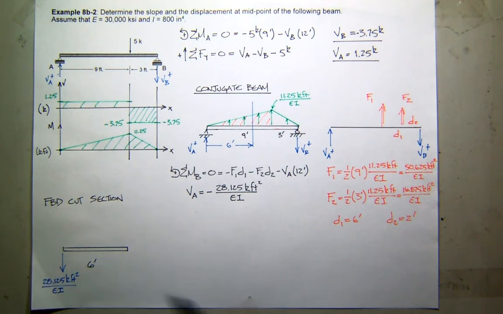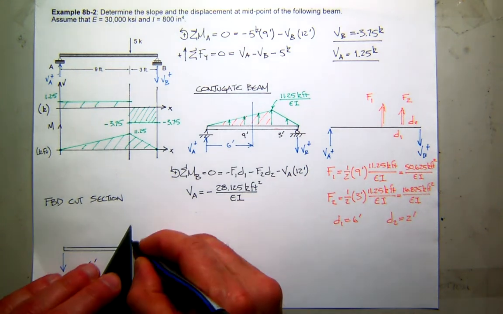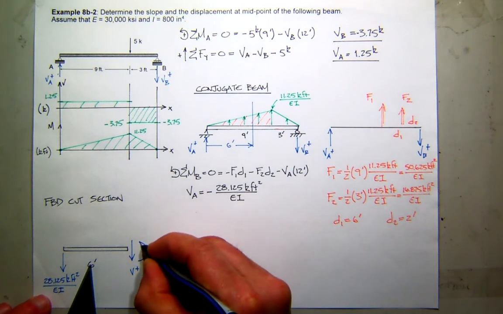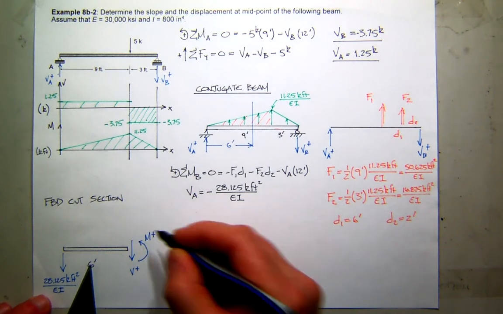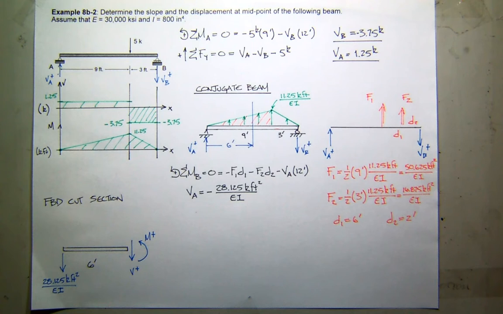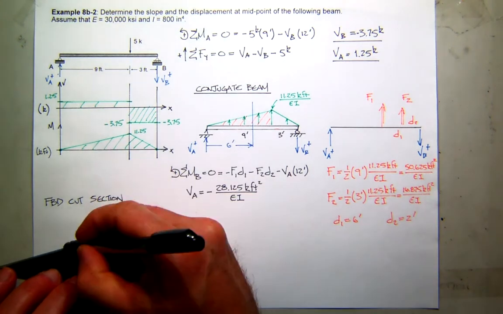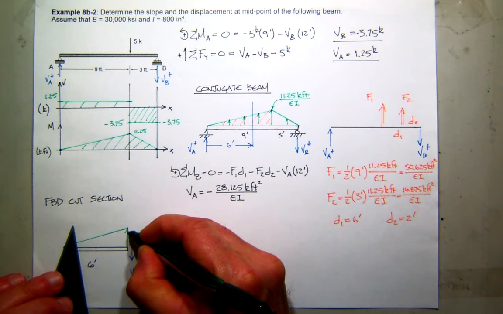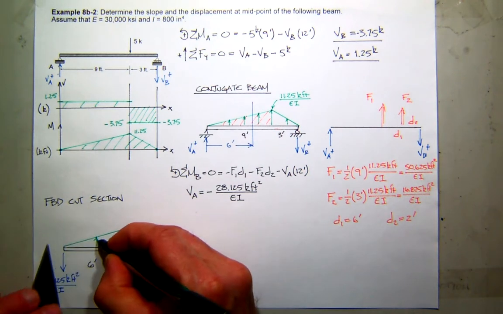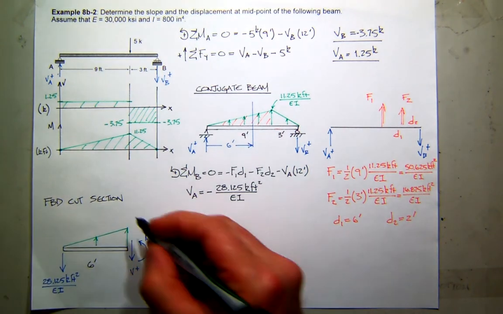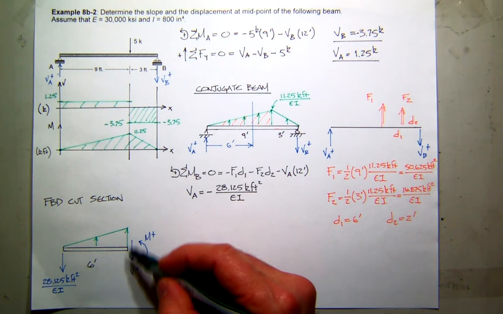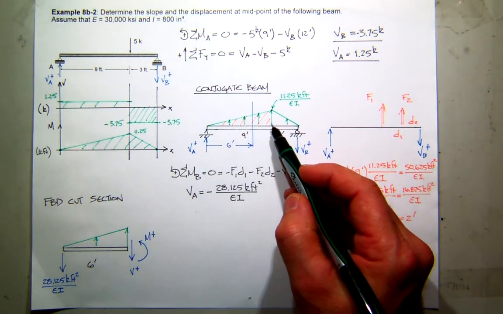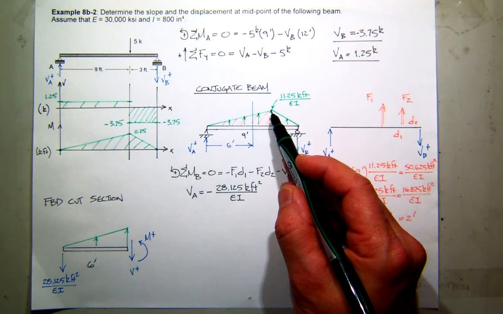There's the reaction. Internally, I'm going to have positive shear at the cut and positive bending moment at the cut. Also, I have that portion of my triangular load. So I've got to figure out what this intensity is here of this load. You go back to the original one, at 9 feet it was 11.25.